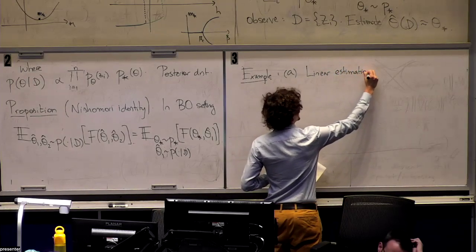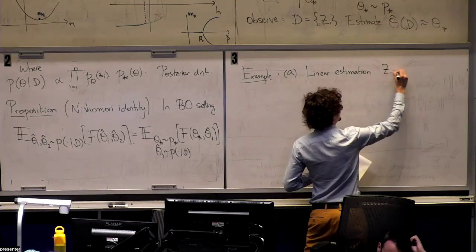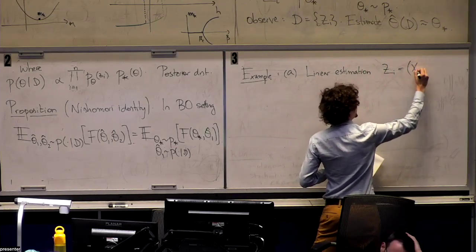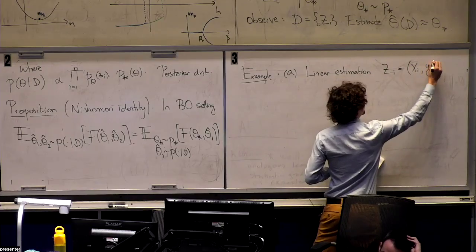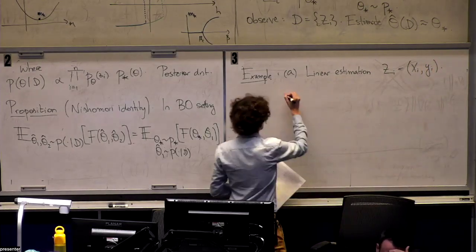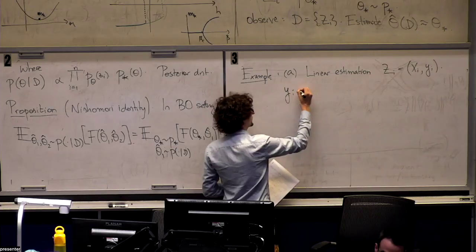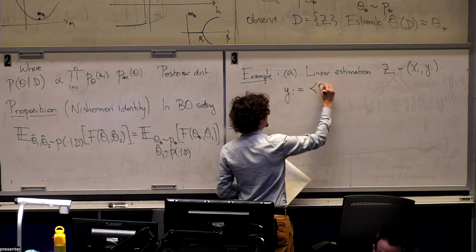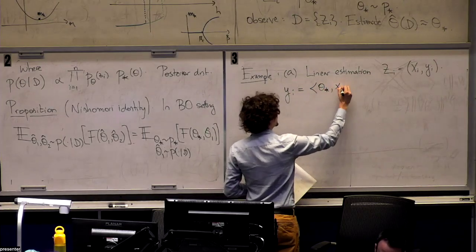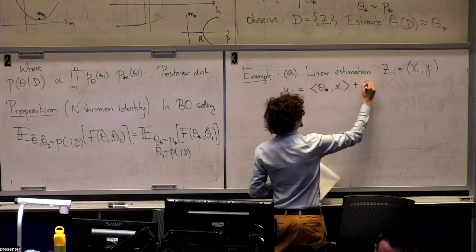In linear estimation, my data is just pairs of x and y, and y given x is just linear up to some noise.